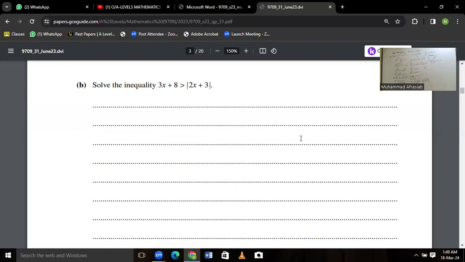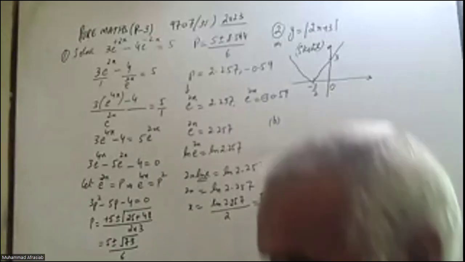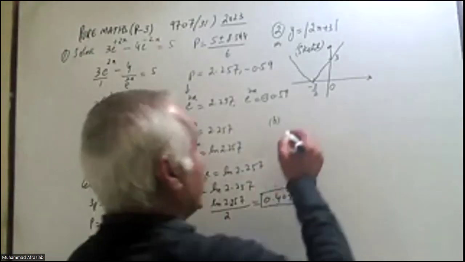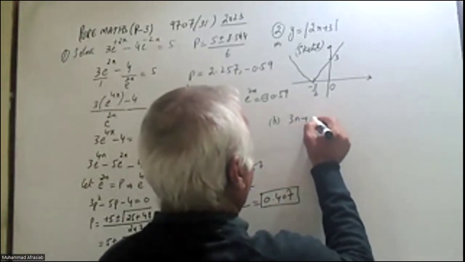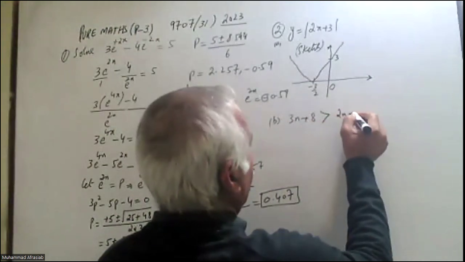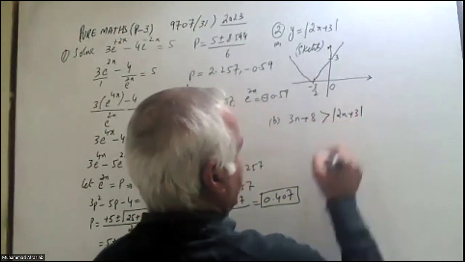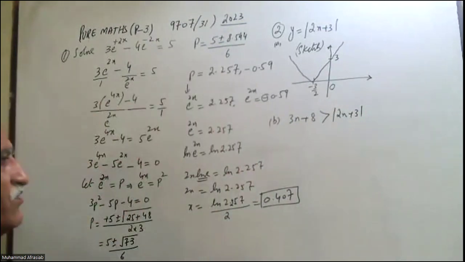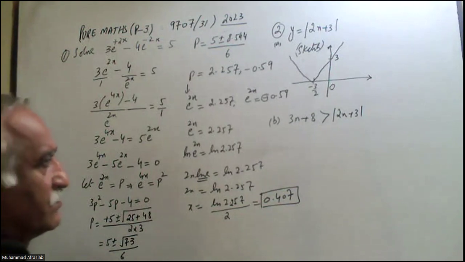So the second part is 3x plus 8 is greater than modulus of 2x plus 3, and we are going to solve this question. Since this has many methods, we are going to opt for the simplest method for this portion.